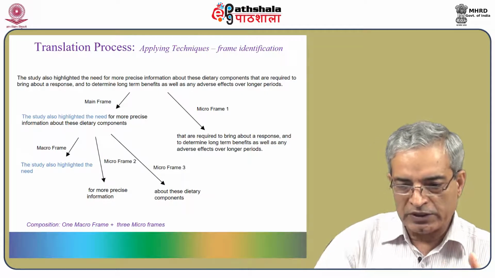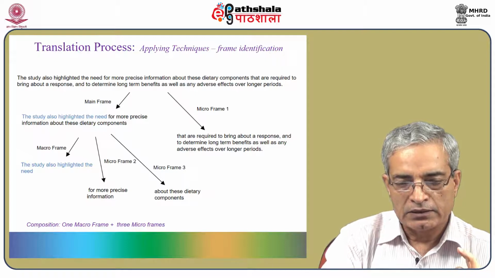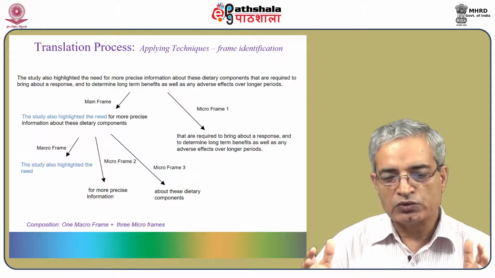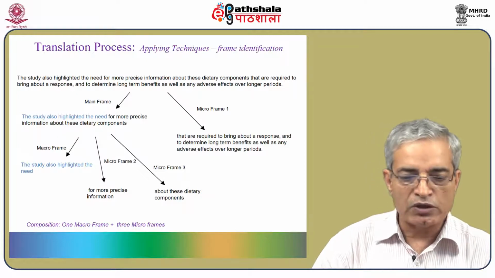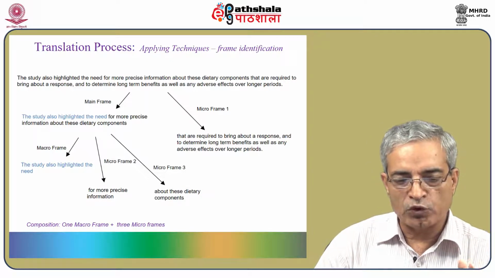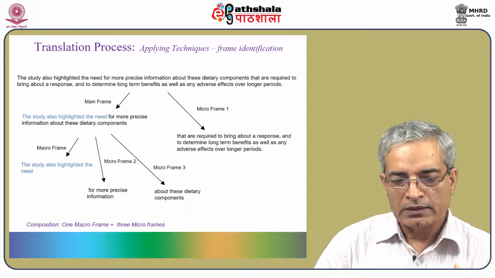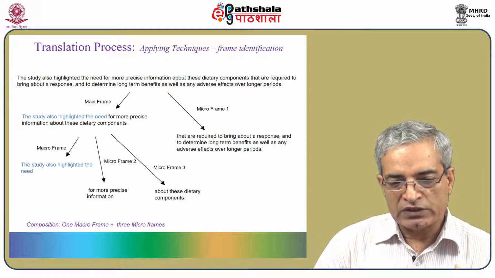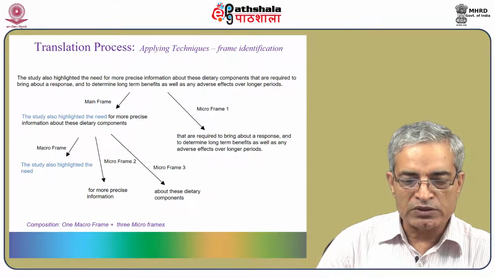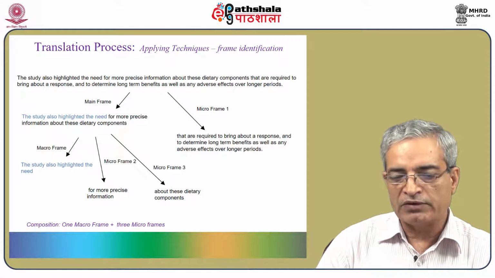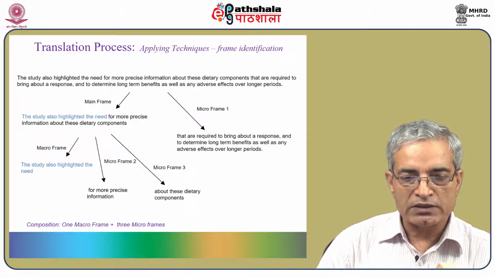Let's do it step by step. The initial and the revised translations are given here. This is breaking it into different components. First, the mainframe: the study also highlighted the need for more precise information about these dietary components. The microframe one, which has come as an adjectival, was that are required to bring about a response and to determine long-term benefits as well as any adverse effects over long periods.